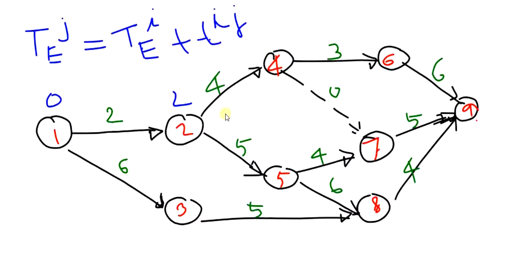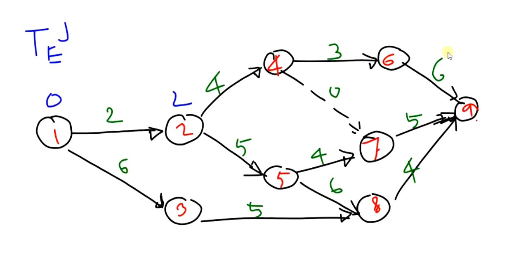So TEJ equals TEI plus TIJ. Using that expression, the TE value of event number 2 is 0 plus 2, equal to 2.